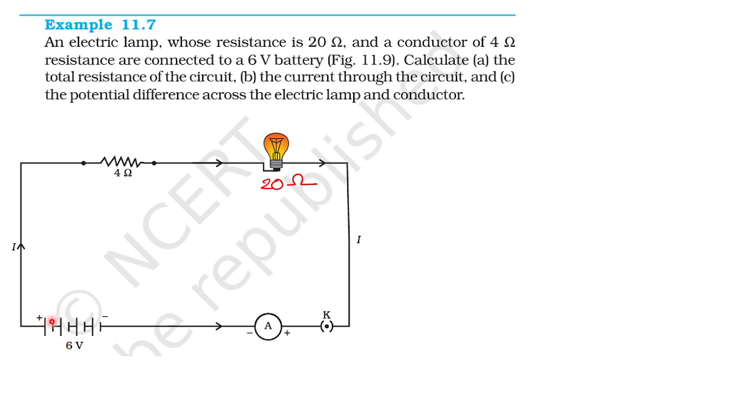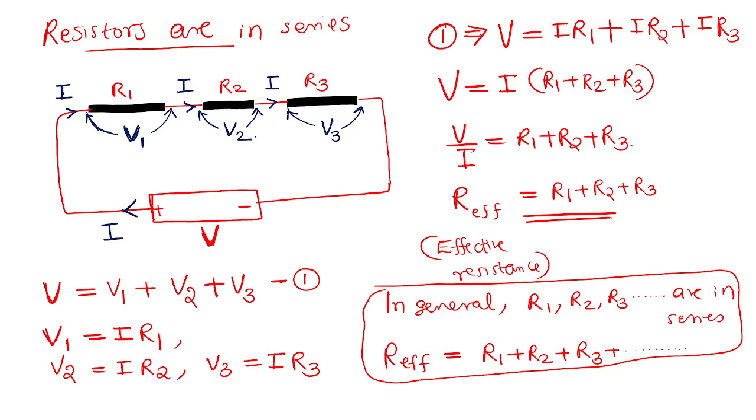So the battery is there, and some current is flowing through this entire circuit. 4 ohm resistance, another resistance 20 ohm. Clear? Please listen carefully. This formula you have to memorize. There are many resistors connected in series.